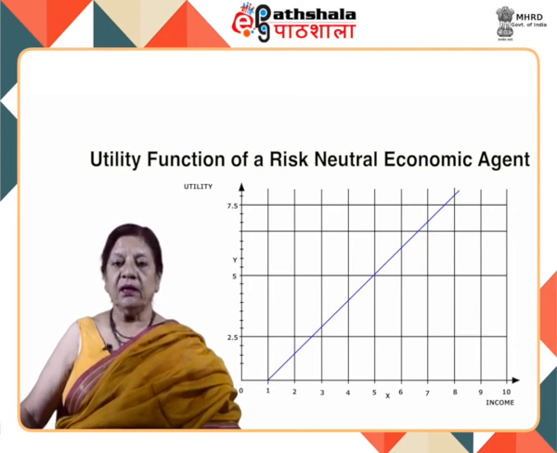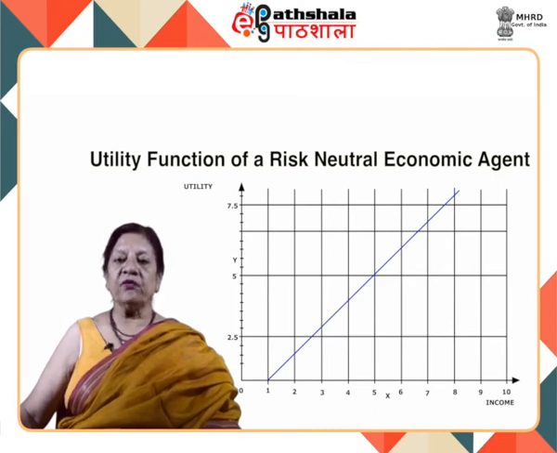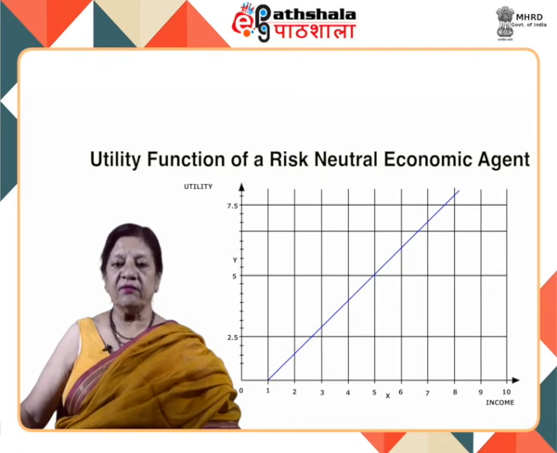Consider once again the risky prospect, wherein the mutually exclusive outcomes are 2 units of income with a probability of 0.5 and an income of 8 units with a probability of 0.5.